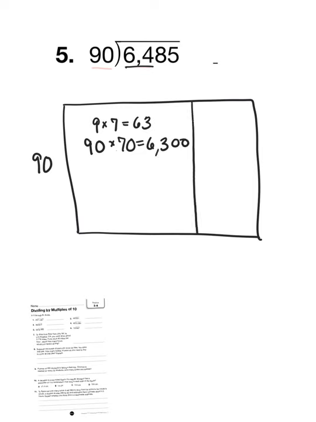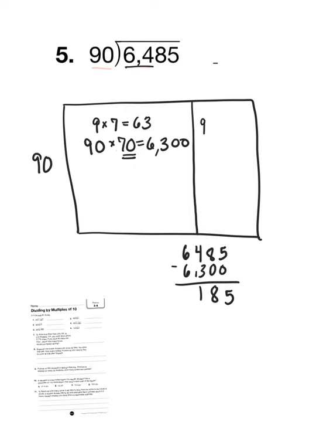So that's like saying, okay, I've given $70 to each of my closest 90 friends, and so I've passed out $6,300 so far. So now I need to take that amount and subtract it from my total so that I can see how much money I still have left to share. So I can see I have $185 left to share.